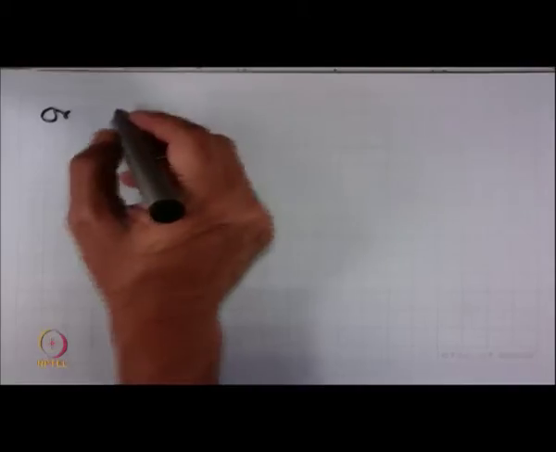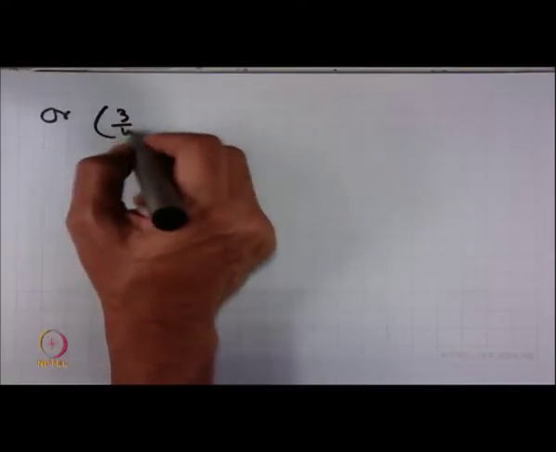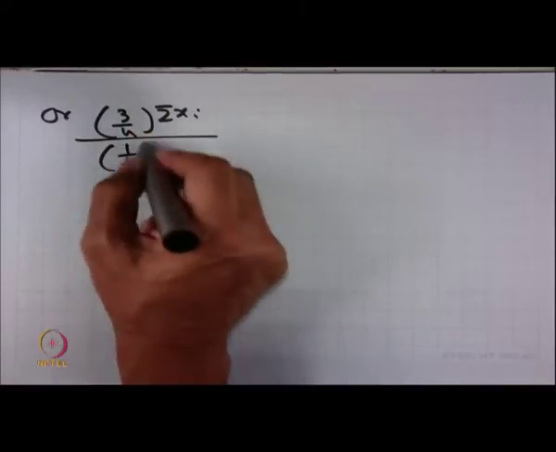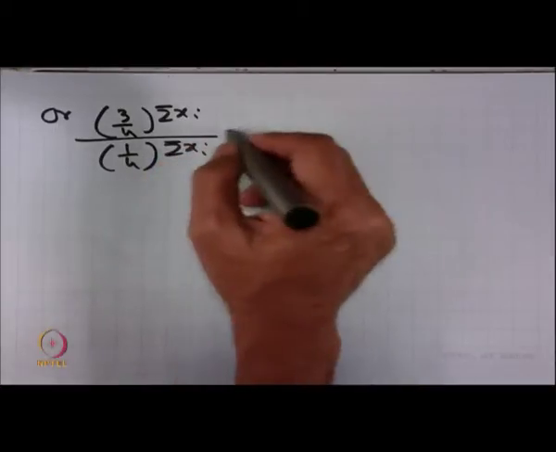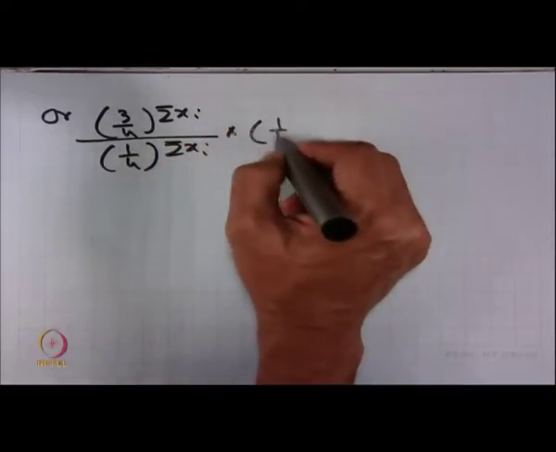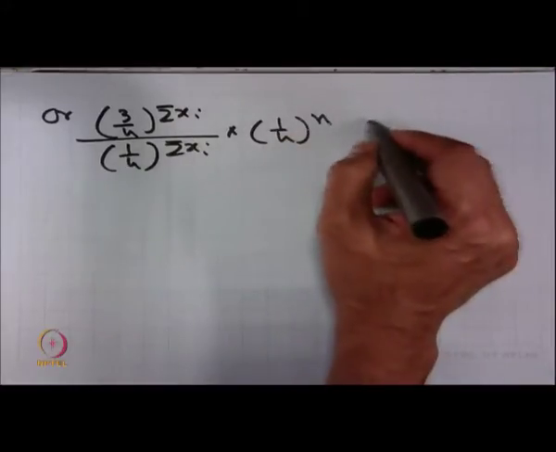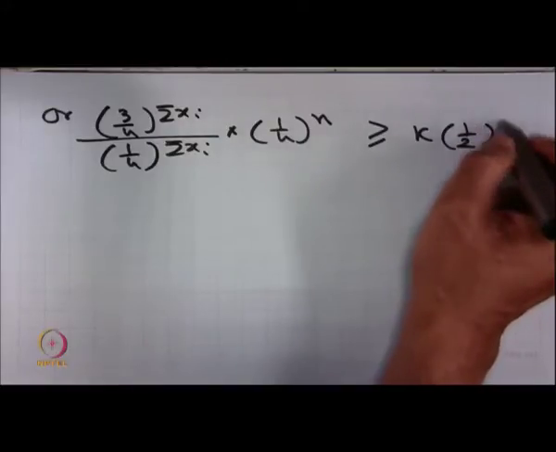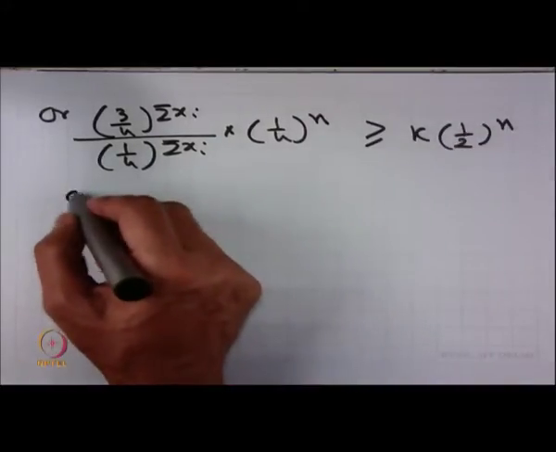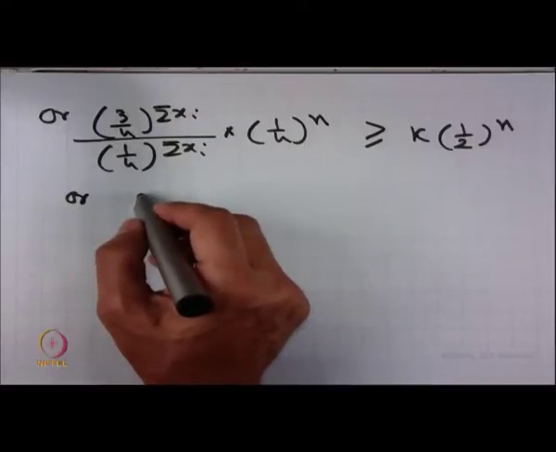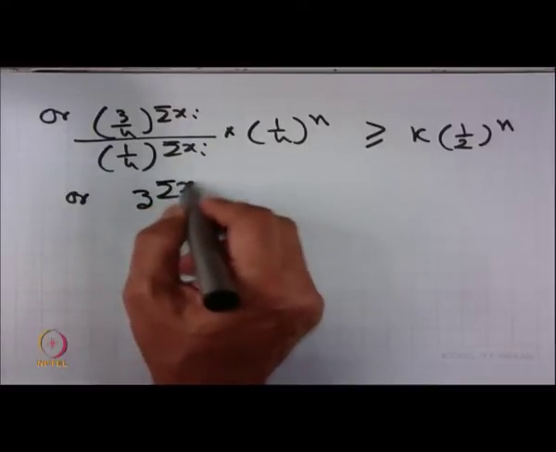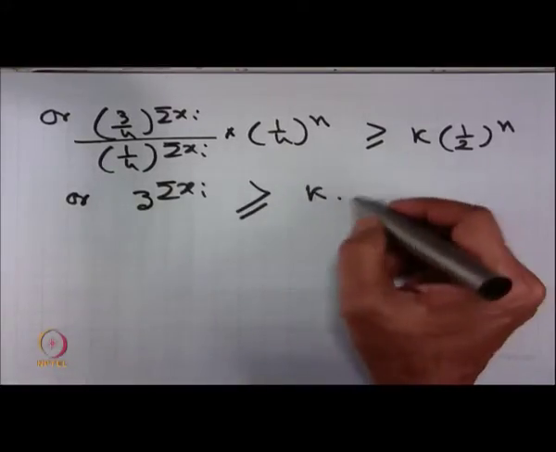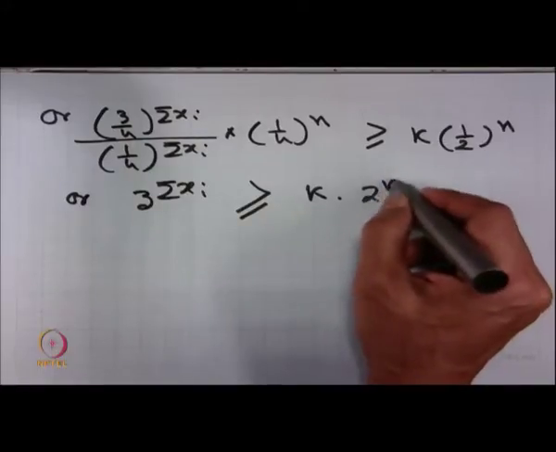or (3/4)^(sigma xi) upon (1/4)^(sigma xi) into (1/4)^n is greater than or equal to k into (1/2)^n, or 3^(sigma xi) is greater than or equal to k times 2^n.